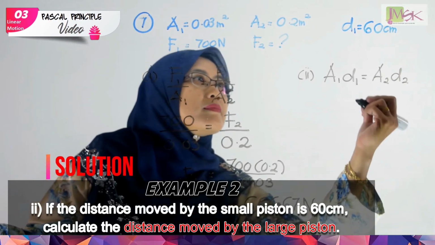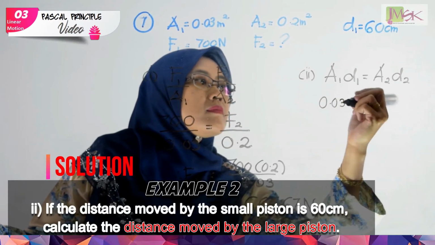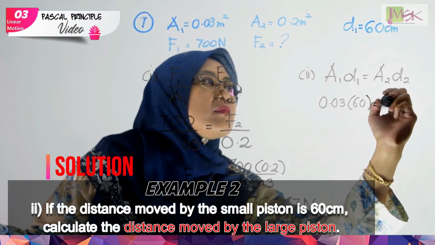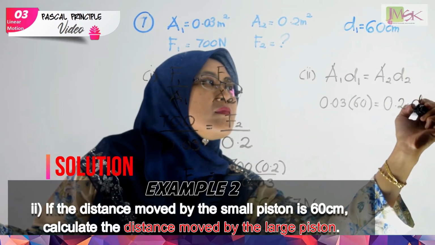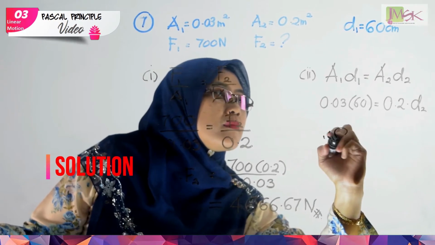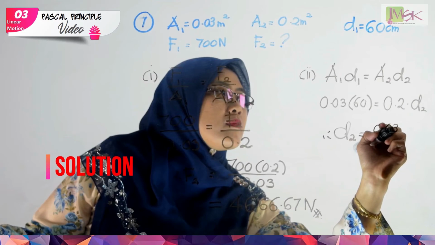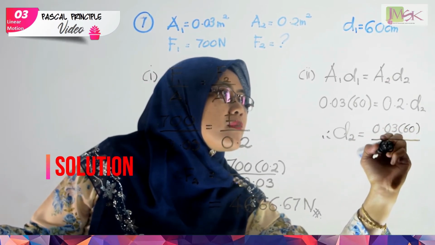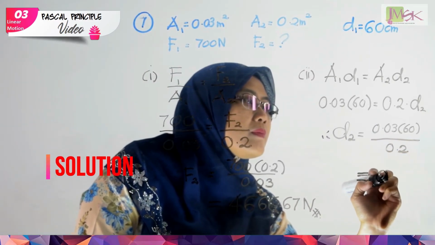Insert the value from the data given. 0.03 multiplied by 60 equal to 0.2 multiplied by D2. D2 equal to 0.03 multiplied by 60 and divide by 0.2. So the answer is 9 cm.